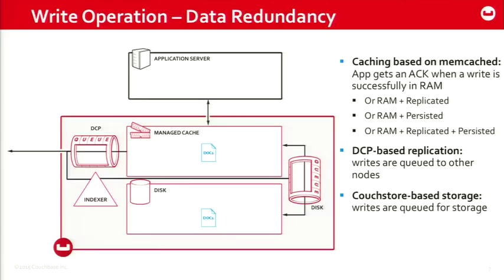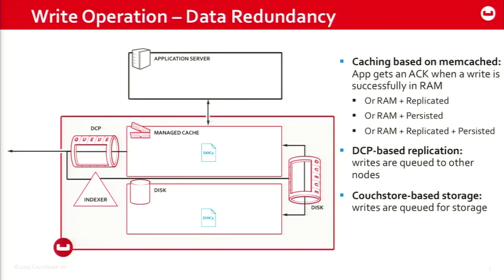These operations happen asynchronously. As soon as the document comes to the managed cache, the goal is to get it out to the other server and also persist it to the disk. Because it happens RAM to RAM, memcached to memcached, it's very fast and we minimize the loss of data.